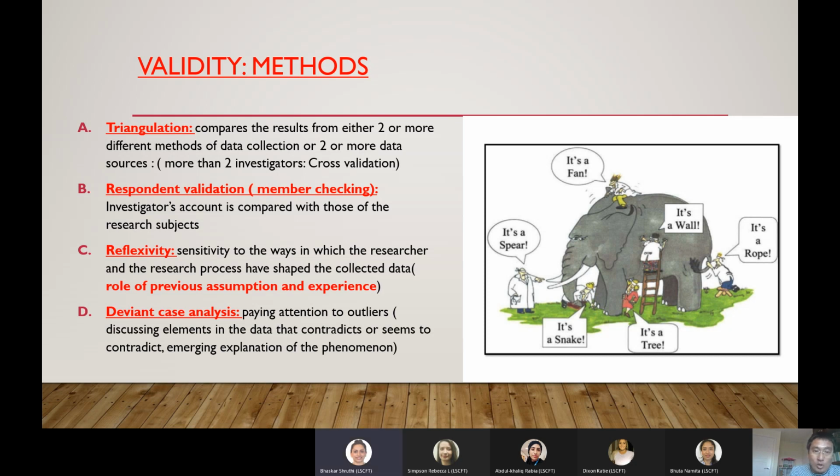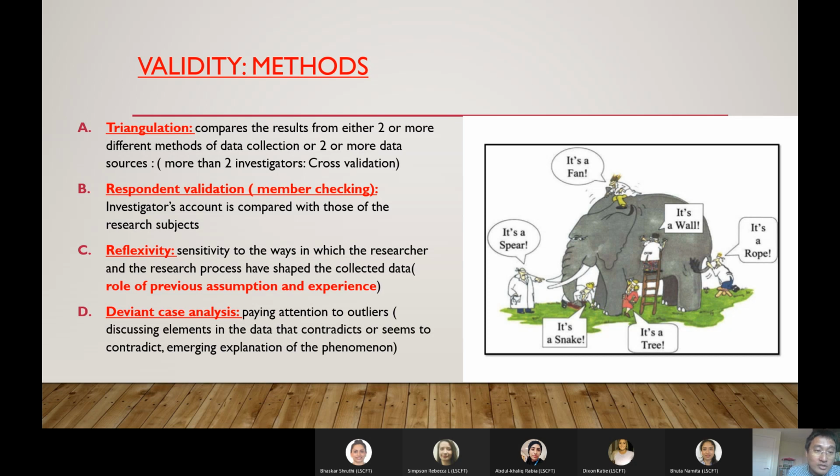Triangulation, what does triangulation mean? More than 2 investigators, for example two investigators compare and see whether their results are the same or not. They don't tend to ask about respondent validation often, but this is very common.